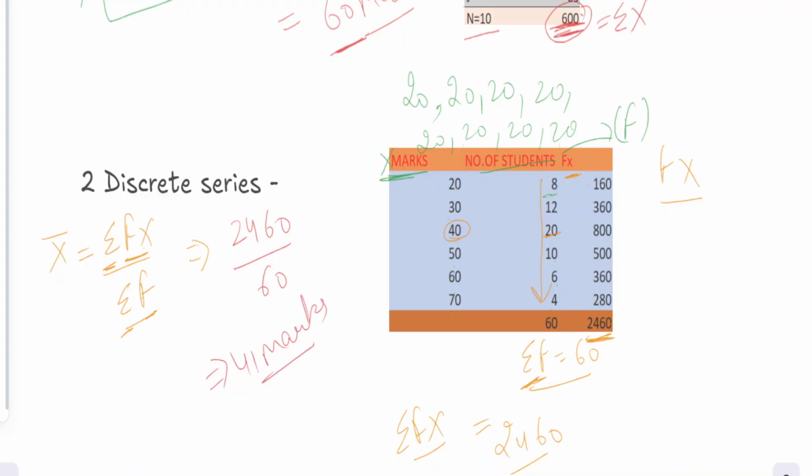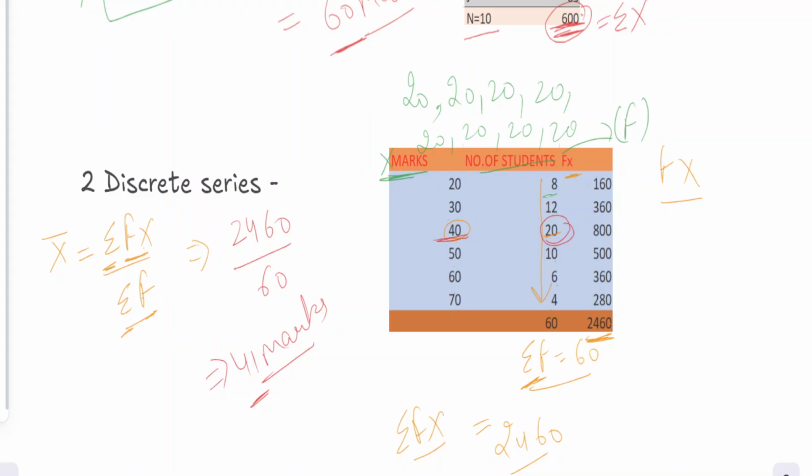Now this 41 marks depicts that in a class of 60 students, on an average the marks students have taken is 41. And we can clearly see also that there are 20 students out of 60 who have got 40 marks. So the maximum occurrence of a mark is 40. So the mean or arithmetic mean value will also lie near about this value only, as we are getting 40, right?